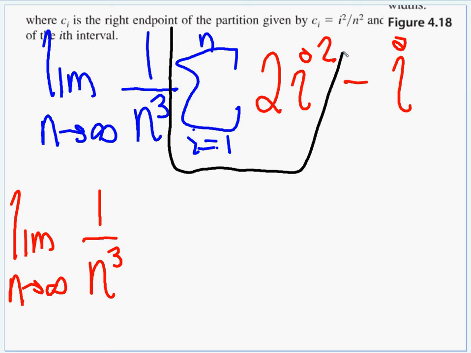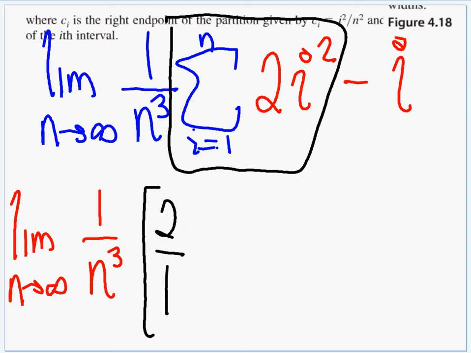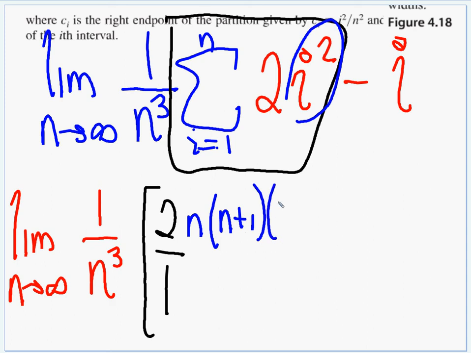We have the summation of 2i squared. And that is going to be replaced with 2 times, now I'm going to switch to blue ink and do the i squared formula. So the 2 comes down, and now we've got i squared, and the sum of i squared is n times n plus 1 times 2n plus 1, and that is all divided by 6.